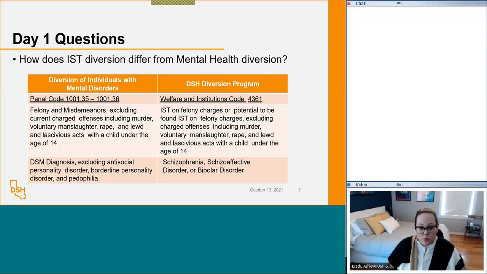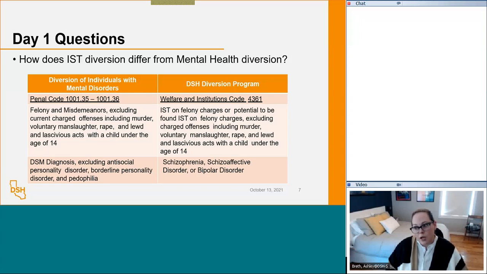The individuals can be found 1370, so it could be somebody who is already 1370 from your county and is pending placement into the state hospital, hasn't been transported yet. It could be somebody that the courts have just found 1370 and the courts can immediately commit them to diversion instead of committing them to DSH.